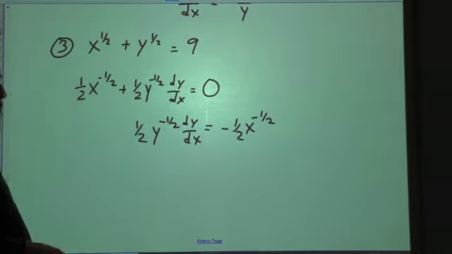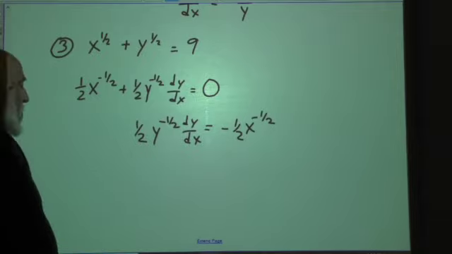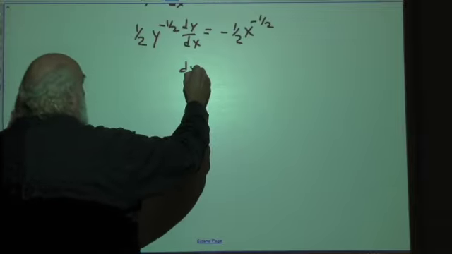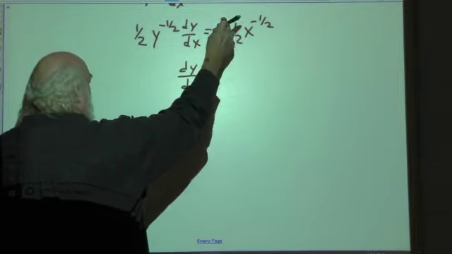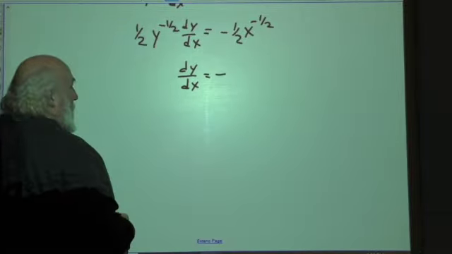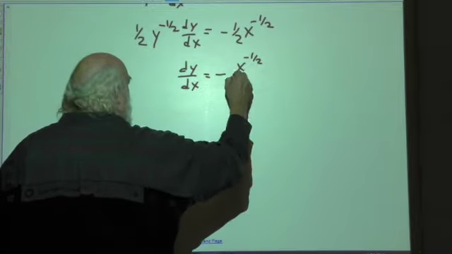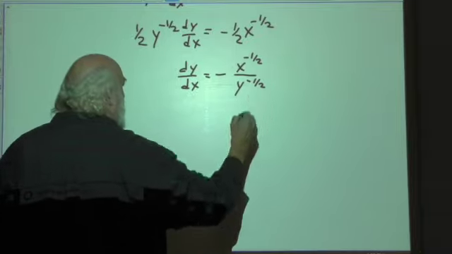And again, the 1/2 is going to cancel out here, so I'm going to divide both sides by 1/2 y to the negative 1/2. This will give me dy/dx equals, the halves cancel out, the negative does not, so the negative stays there. And x to the negative 1/2 will be in the numerator, and y to the negative 1/2 will be the denominator.